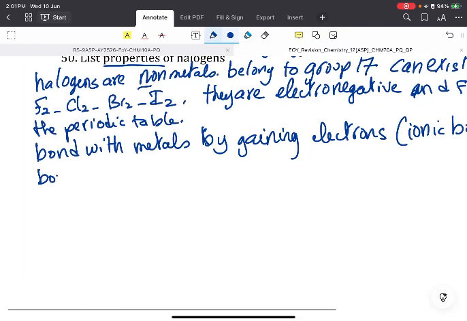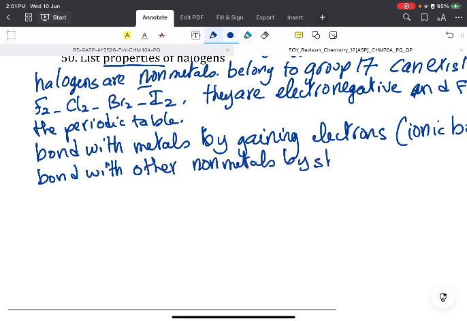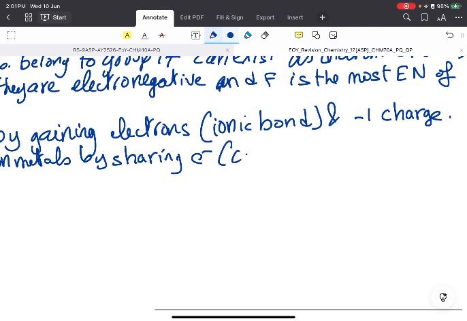Now they can bond with other non-metals by sharing electrons, and like this they form covalent bonds.